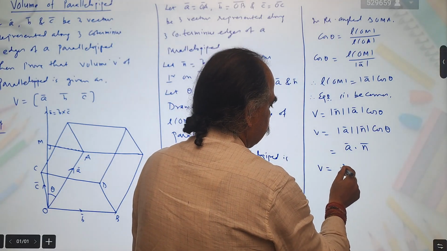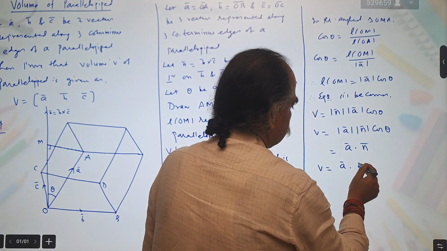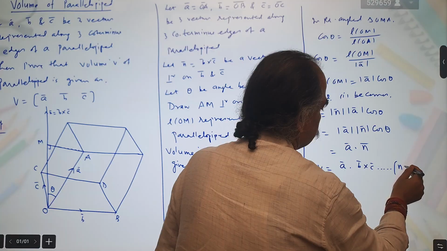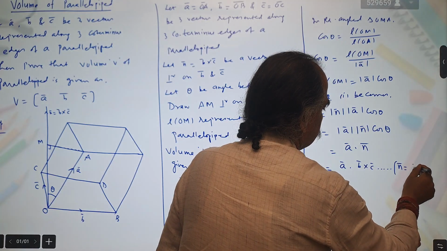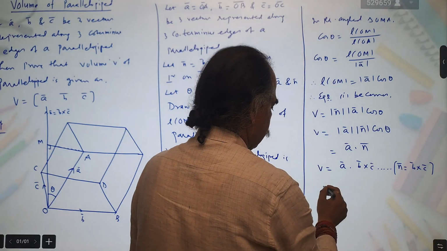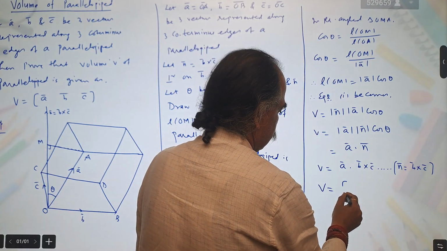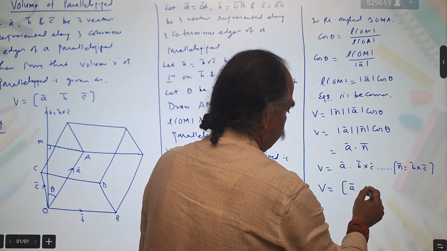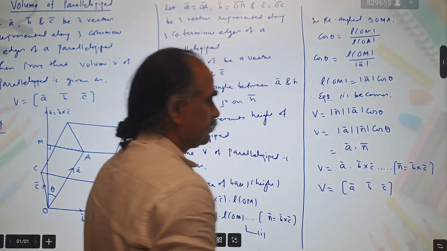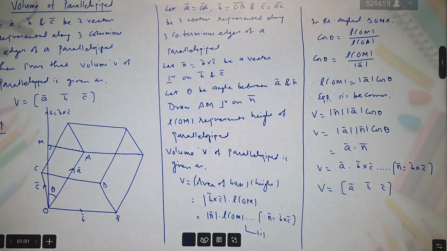So V is A bar dot N bar, which is A bar dot B bar cross C bar, the box product A bar, B bar, C bar. So the volume of a parallelepiped is the box A bar, B bar, C bar.